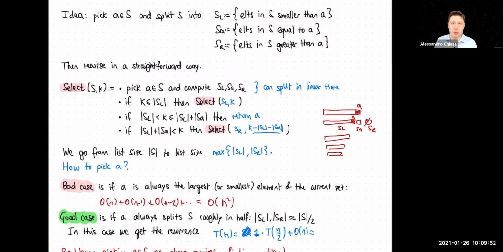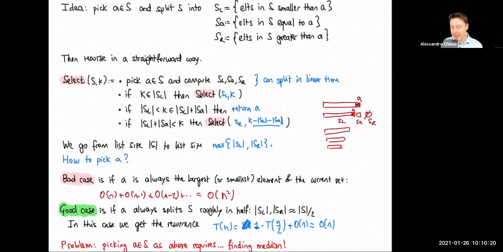So all of this converges to order of n. Great. Which would be nice, right? So before, through sorting, we had an n log n algorithm. Now we don't have it yet, but if we knew how to pick A well, to split this list size into halves, we would obtain a linear time algorithm, or at least an algorithm that runs with a linear number of comparisons. Okay.